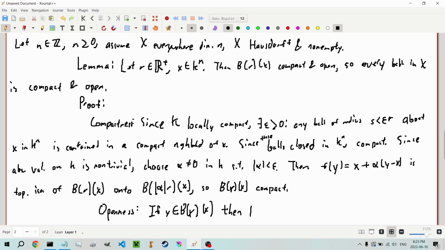Then the ball of radius r about y is actually the same as the ball of radius r about x. So every point in a ball is technically its center in this ultrametric space. So B of r of x is a neighborhood of y.